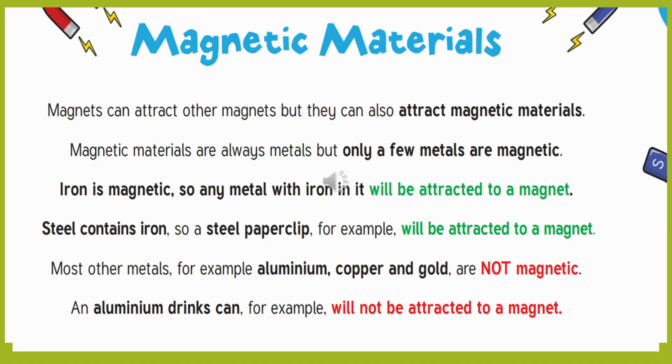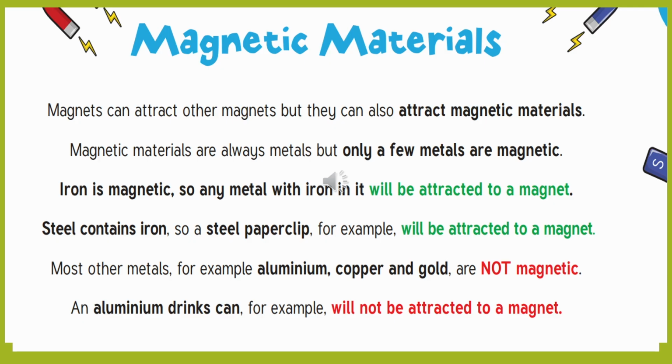Magnets can attract other magnets, but they can also attract things or materials that are magnetic. So magnetic materials are always metal, but there are only very few metals which are magnetic. For example, iron is magnetic. So any metal with iron in it will be attracted to a magnet.